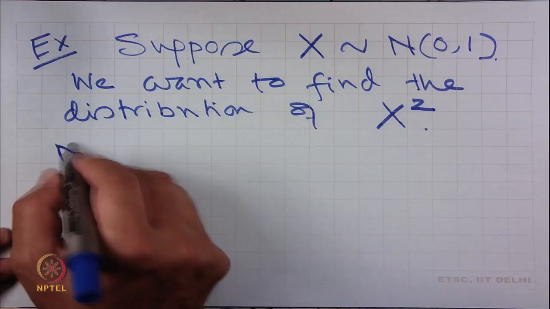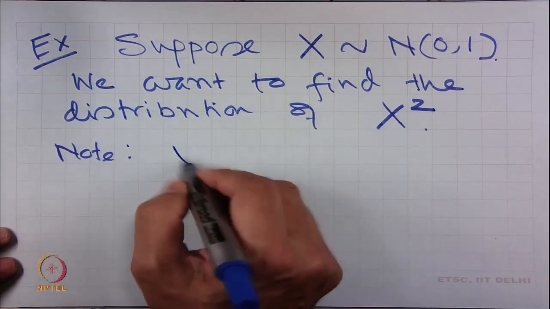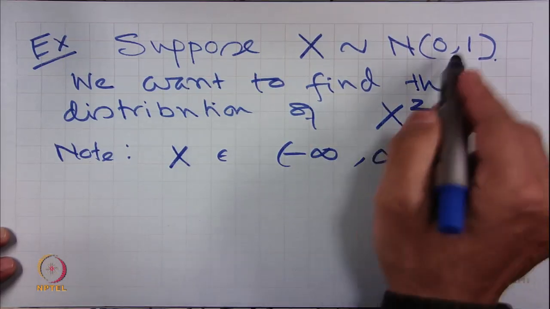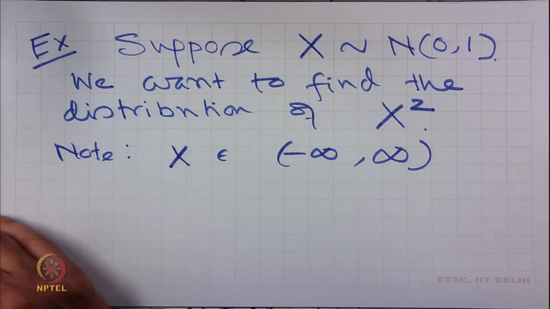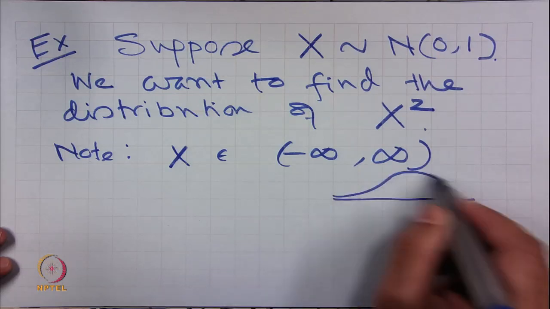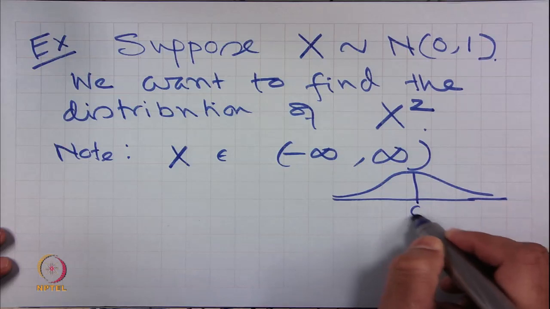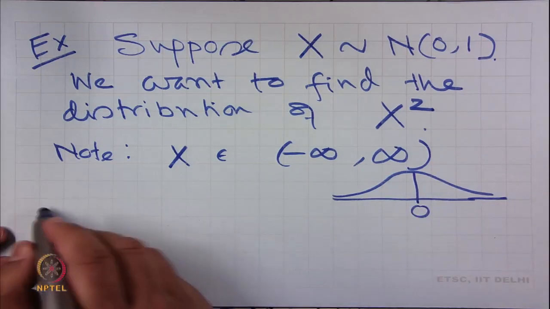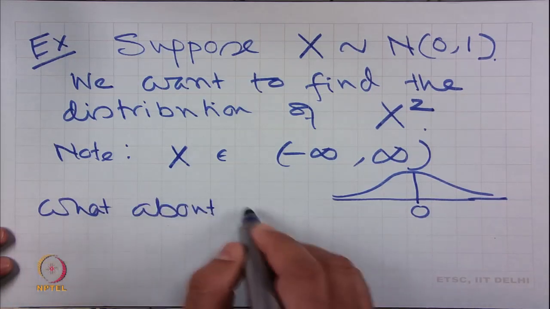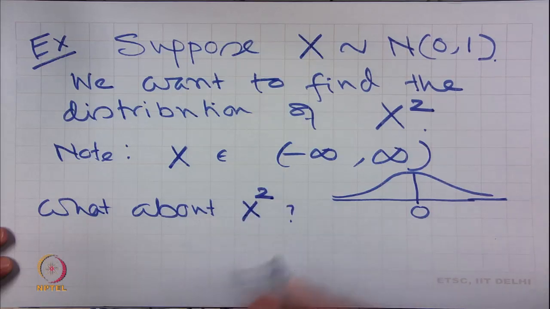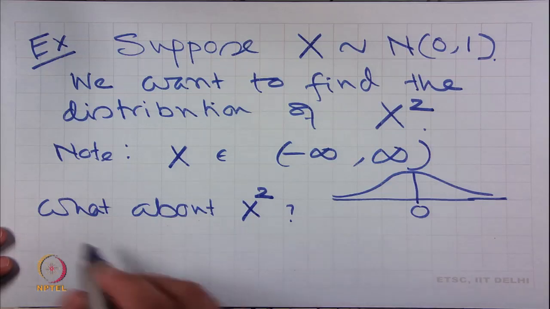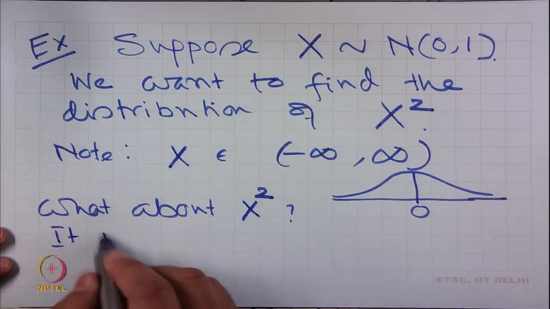Note x belongs to minus infinity to plus infinity, because it is a standard normal variable, and all of us know that it is symmetric around 0. What about x square? X square, as you can see, is a positive random variable.